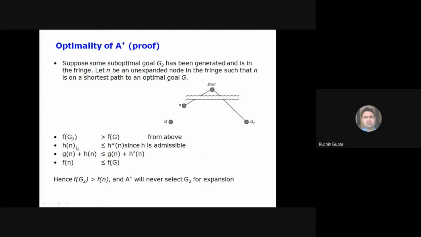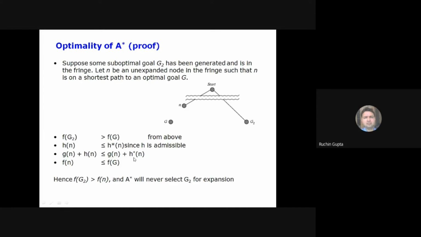So we get f(G2) greater than f(G), and we know that if we are using a heuristic function h(n) which is admissible, then it will satisfy the property h(n) less than or equal to h*(n). So if I add g(n) to both sides of this inequality, I will get g(n) plus h(n) here and g(n) plus h*(n) here.